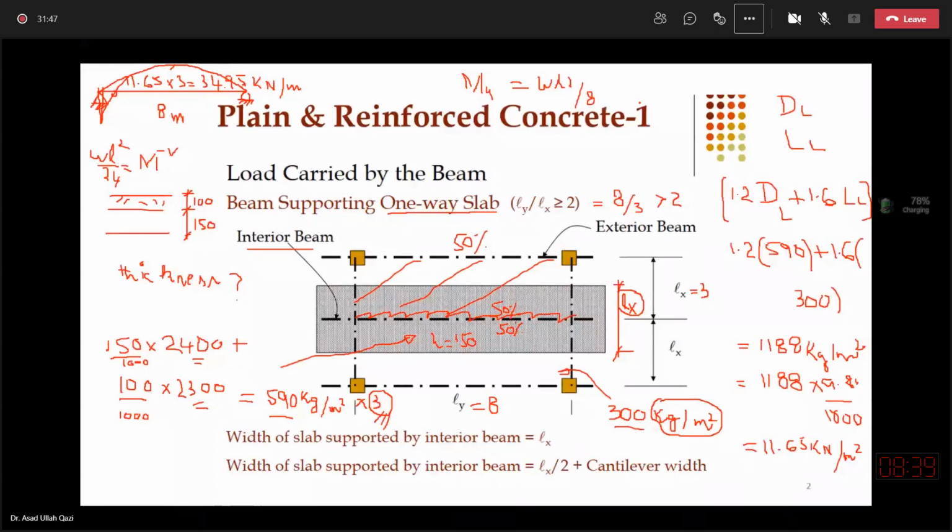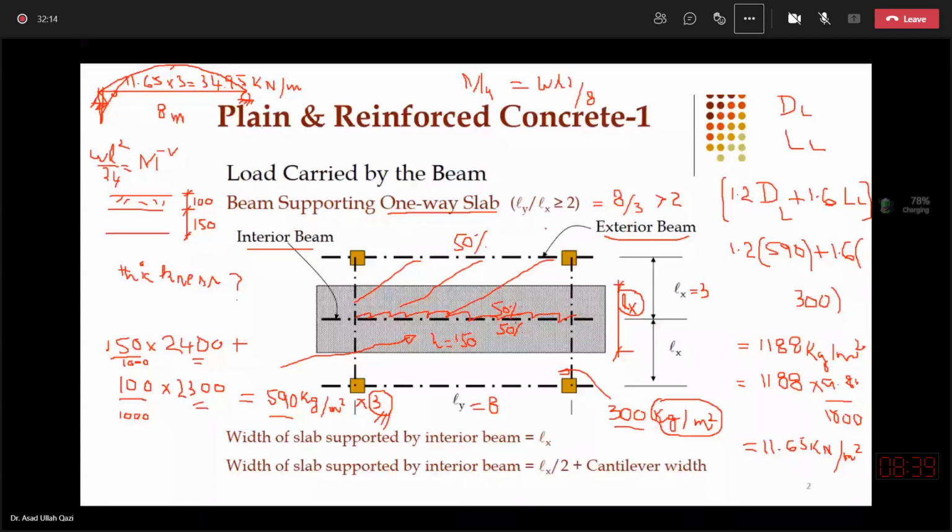There are two statements given underneath. If we have an exterior beam and we want to design it, at the moment I discussed the interior beam. For an exterior beam, since there is an edge present and there is no continuity on this side, no cantilever is present, neither a cantilever nor a shade.